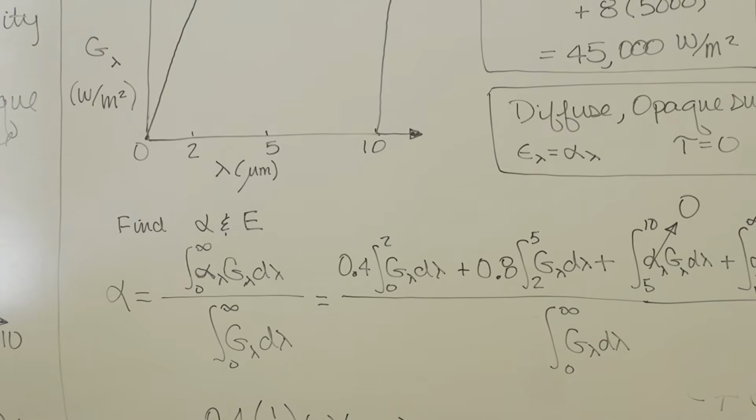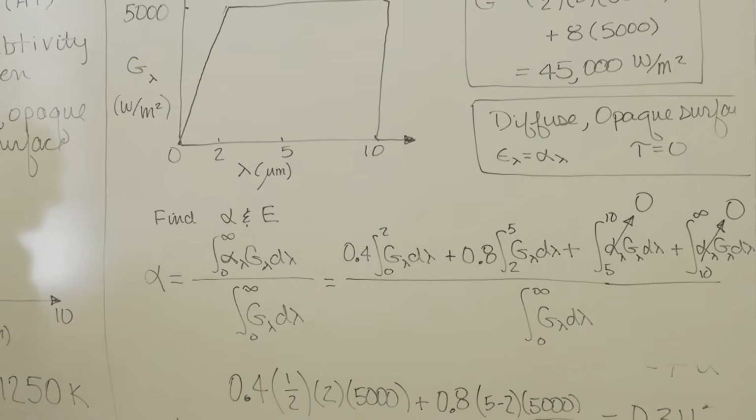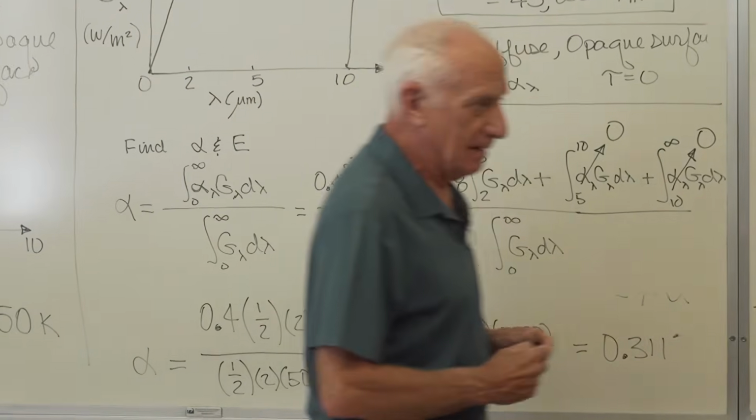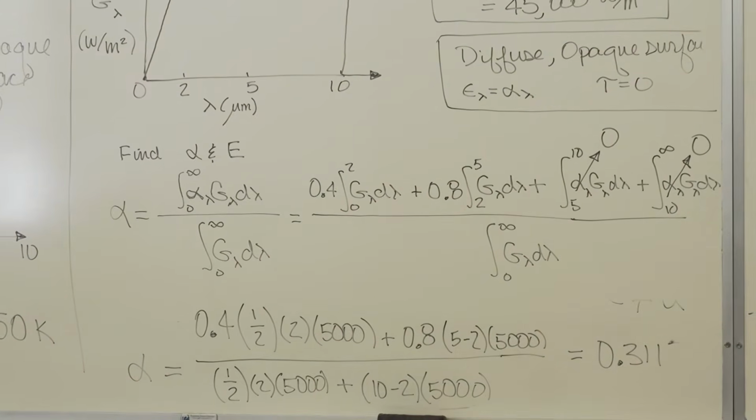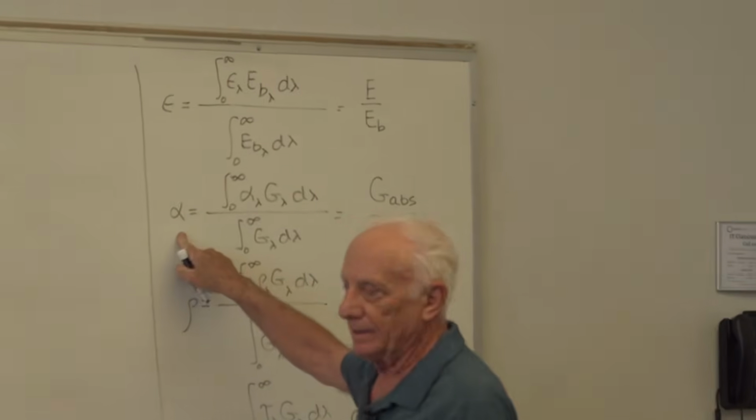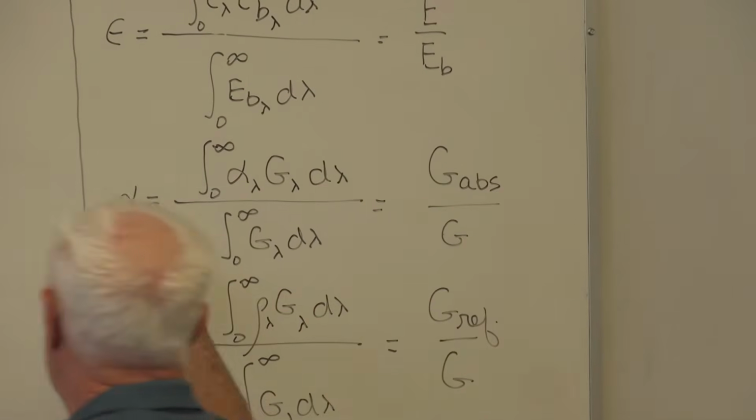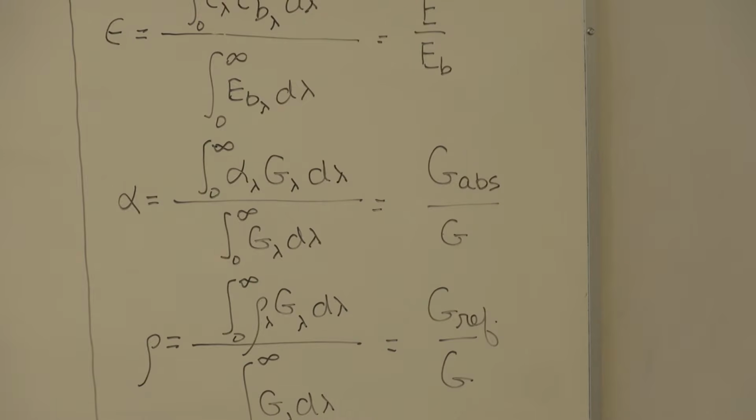Okay, so we start off. We're supposed to find alpha, absorptivity. We go to our available equations. There it is right there. Write it down. Alpha equal, just like over there.